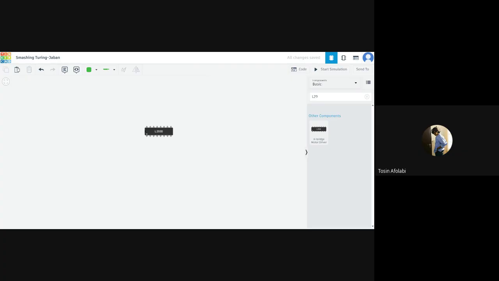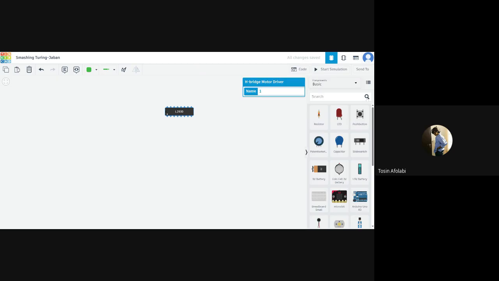Then we get a motor. Well, it's going to be kind of complicated to work with this. Yeah, but nothing is impossible for God, sha. So let's get a motor.